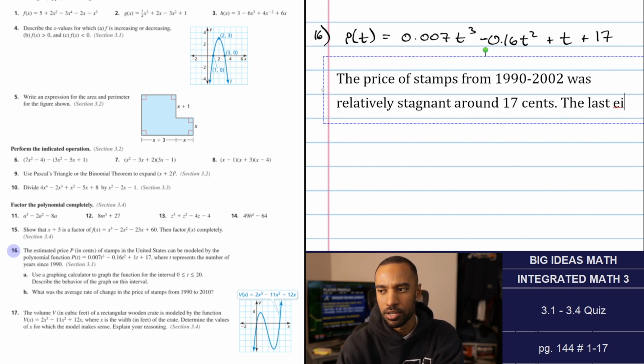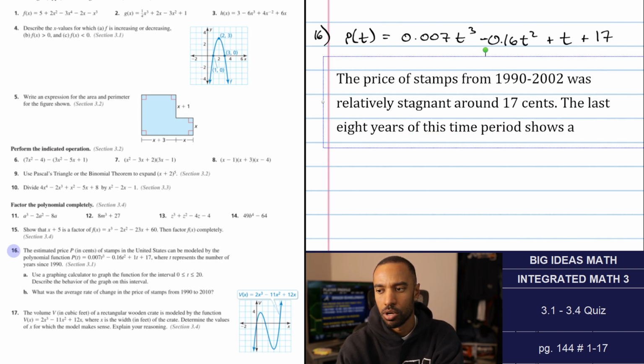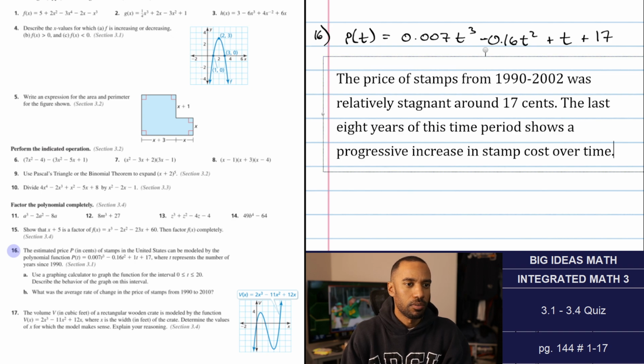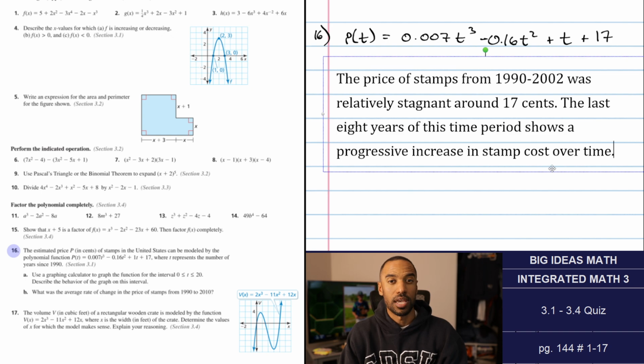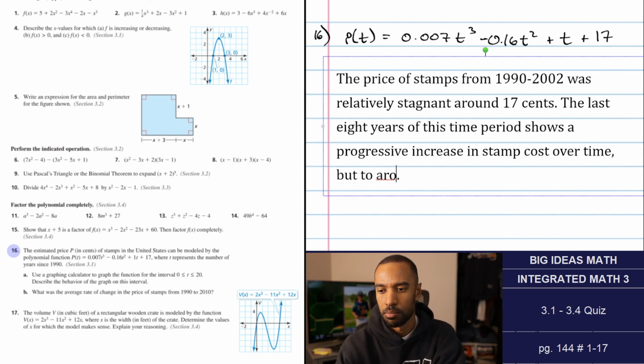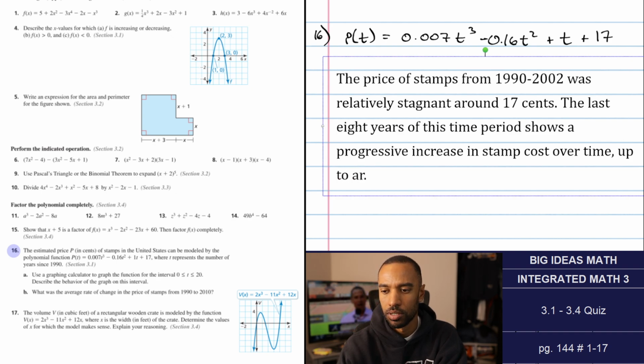The last 8 years of this time period show a slow, progressive increase in stamp cost over time. Now, what did it go up to about? What was my number here? Let's see, my window went up to about 30, so it probably went up to around 30 cents by the year 2010. I'll say that. Up to around 30 cents. That's just from me looking at the graph. By 2010.